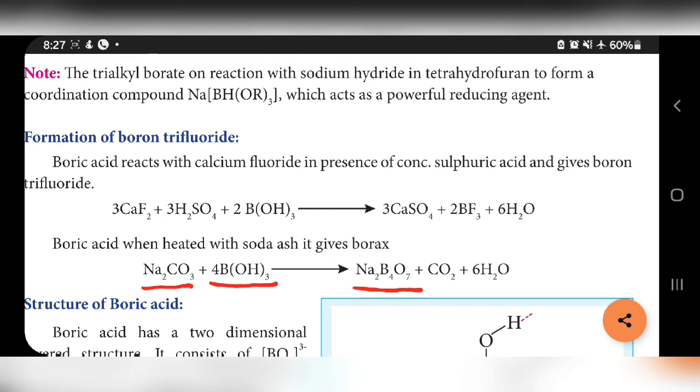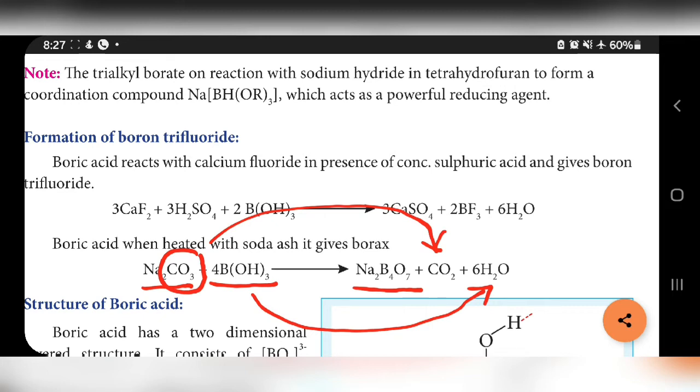From this CO3, CO2 is removed, and from this boric acid 6 water molecules are removed, remaining ions are combined, means we will get borax, formula Na2B4O7.